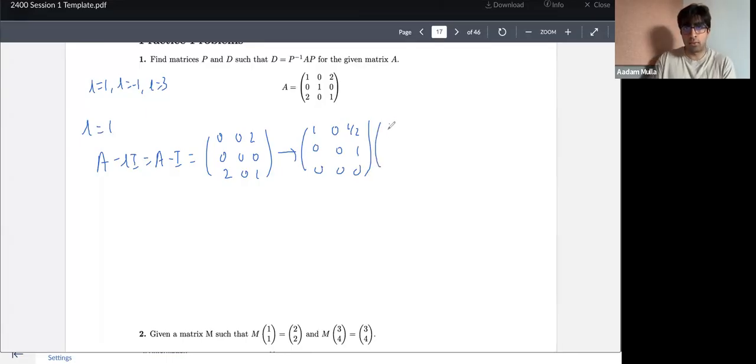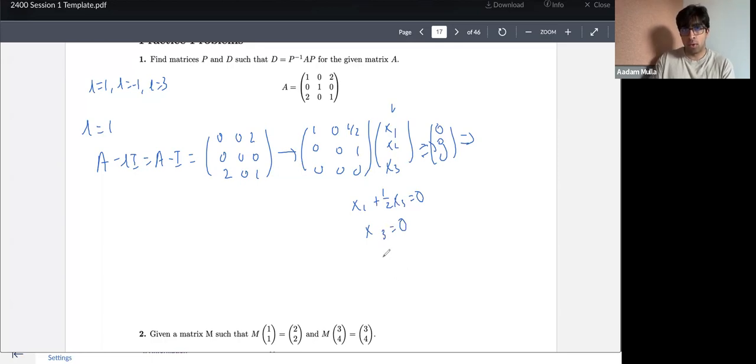Let's see, so times x1, x2, x3 has to equal 0. Remember, we're solving for A minus lambda I times v equals 0. So we get x1 plus 1/2 x3 equals 0. We get that x3 has to equal 0, and x2 looks to be free.